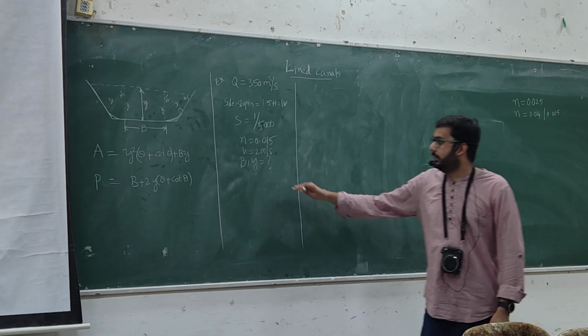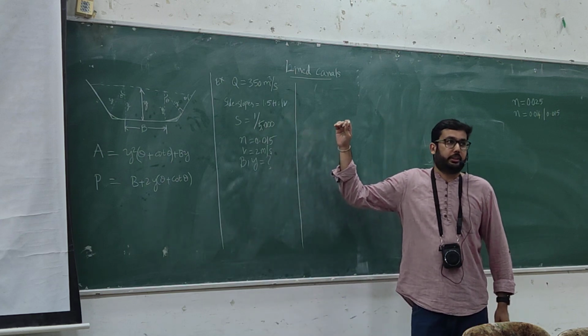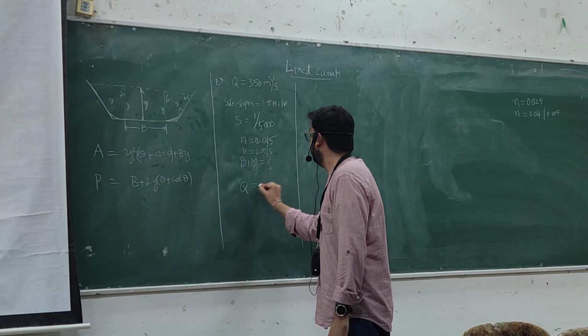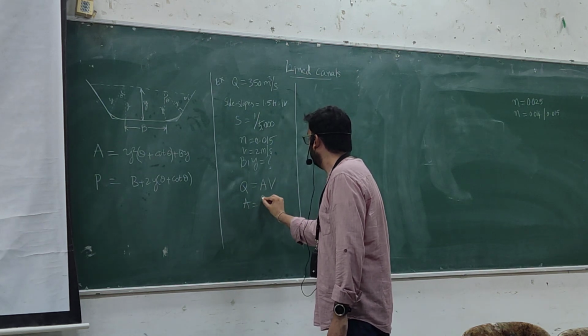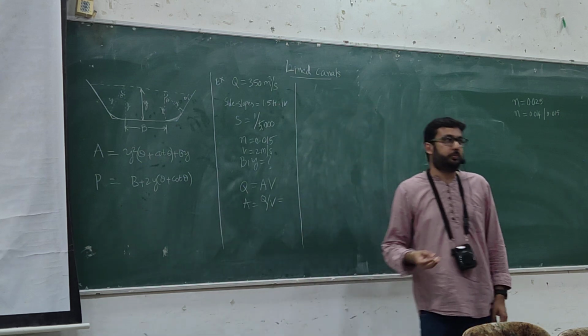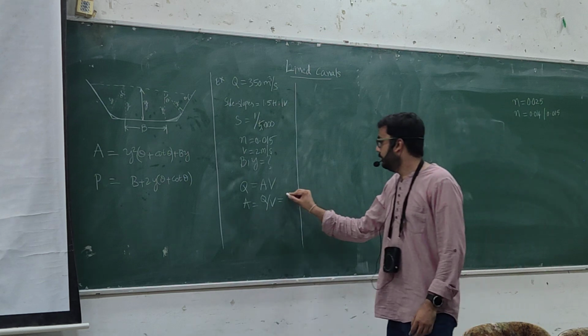What is the first parameter we can calculate based on Q and V? Area. How much is the area? 175.